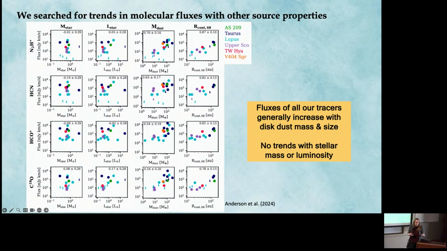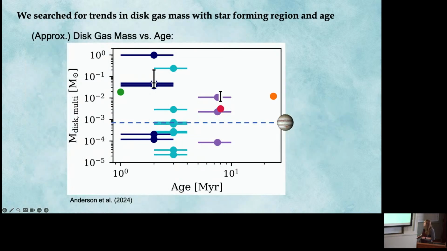Luminosity could be an indicator of the temperature of the disk, which would be potentially related to chemistry, but we found no trend there. But we did see a kind of weak trend with the dust mass and the outer dust radius. So that suggests that for all of our fluxes, we had more flux when we had a bigger disk, which makes sense, but didn't tell us very much about what's controlling the chemistry.